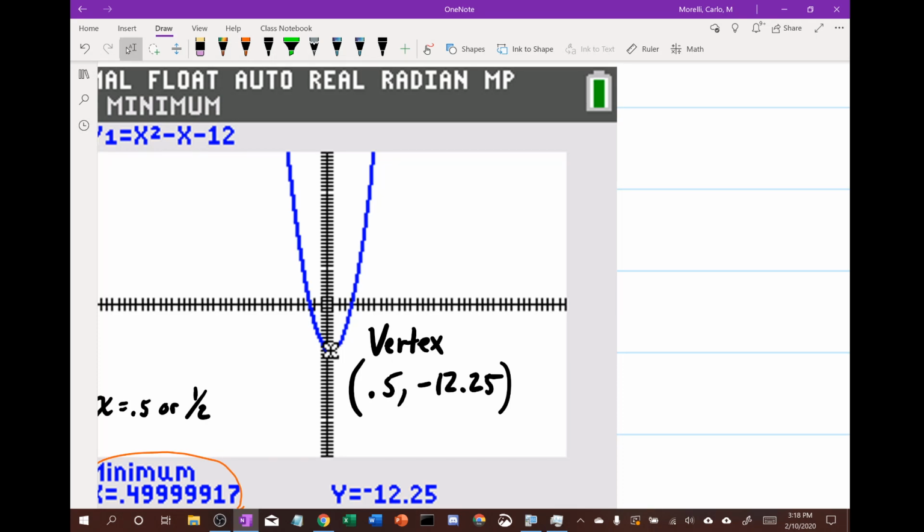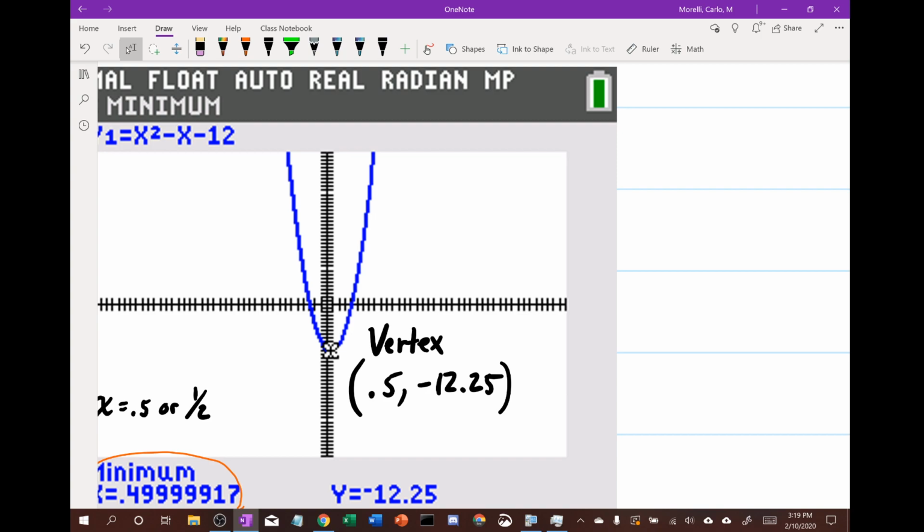You hit graph and then zoom 3, enter. Let it redraw. You can now see the bottom. Okay, so hit second, trace, 3. Click over to the left, enter. Click over to the right, enter, enter. 0.5, comma, negative 12.25. You're very welcome.